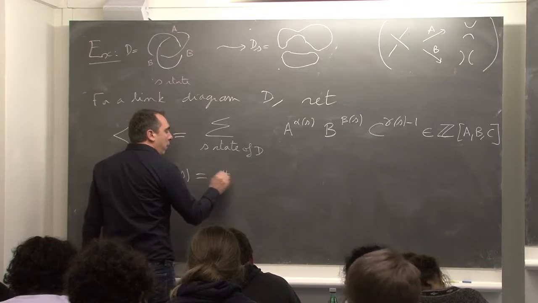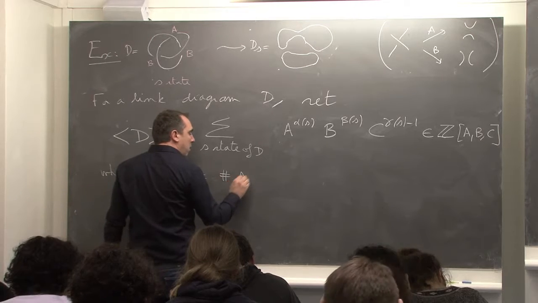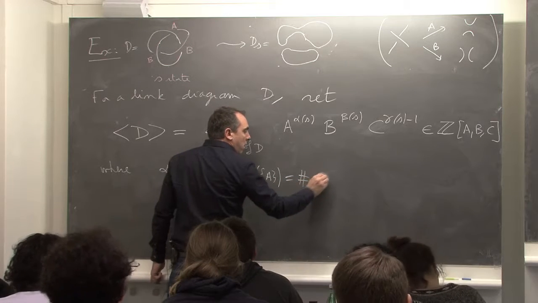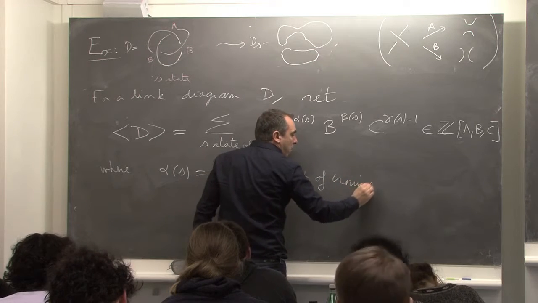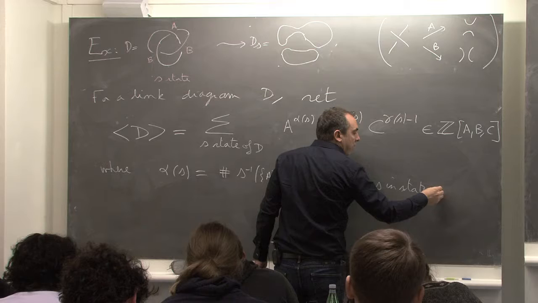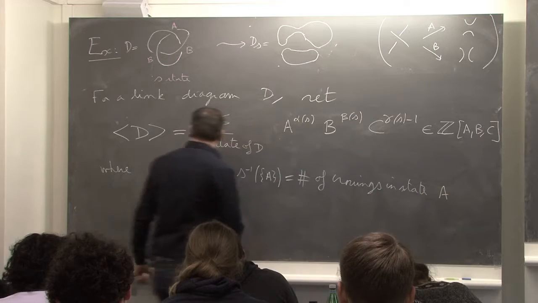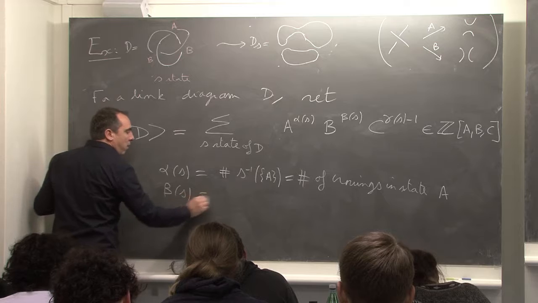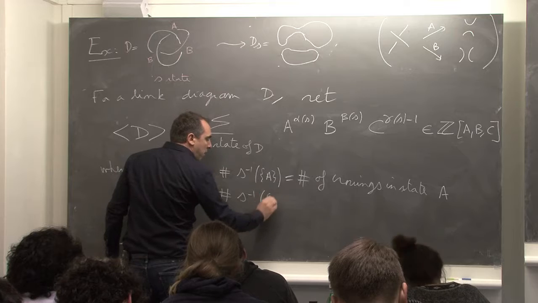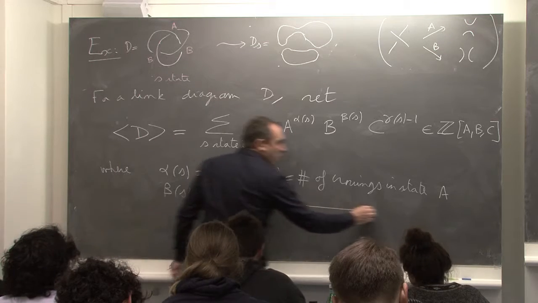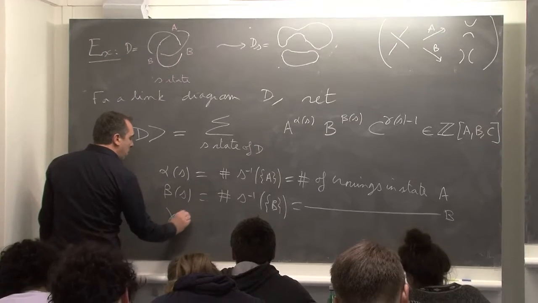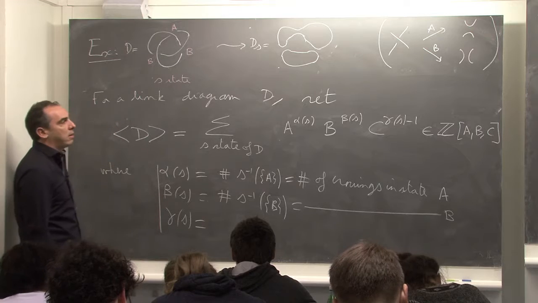So alpha S is the number of crossings in state A. Beta S is the number of crossings in state B. And then gamma S is what?